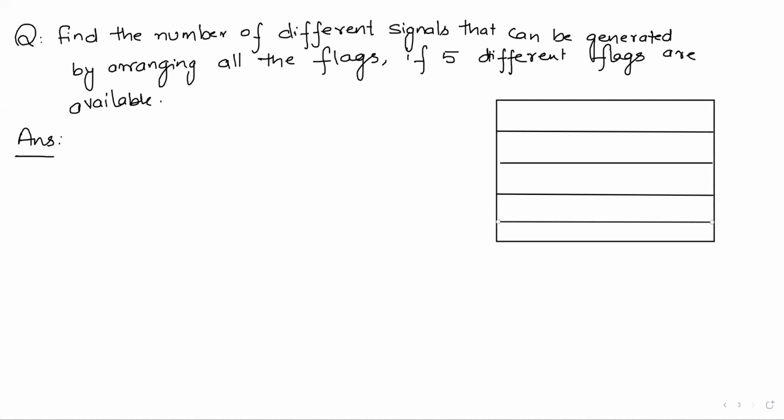So you have 5 different types of flags. Then how many signals can be generated? That depends on how you arrange the flags. Each time you use a different color and arrange it, you will get a different signal. So please try to do this and share your answer. And Rishan, please confirm on the chat box if you have done the homework.